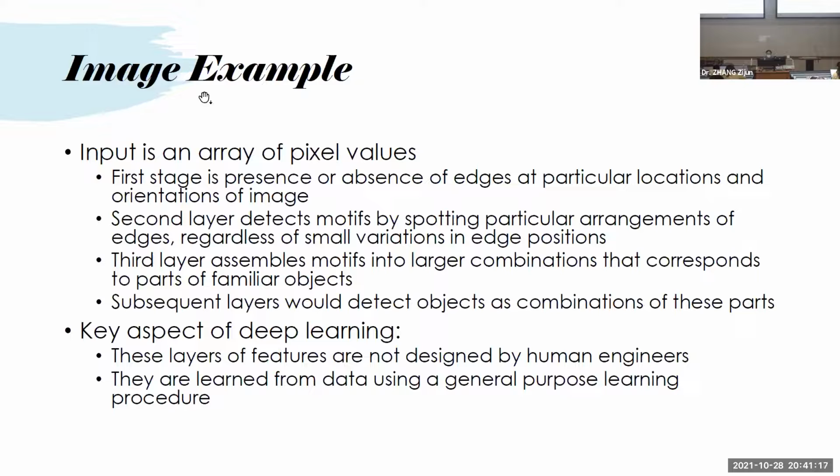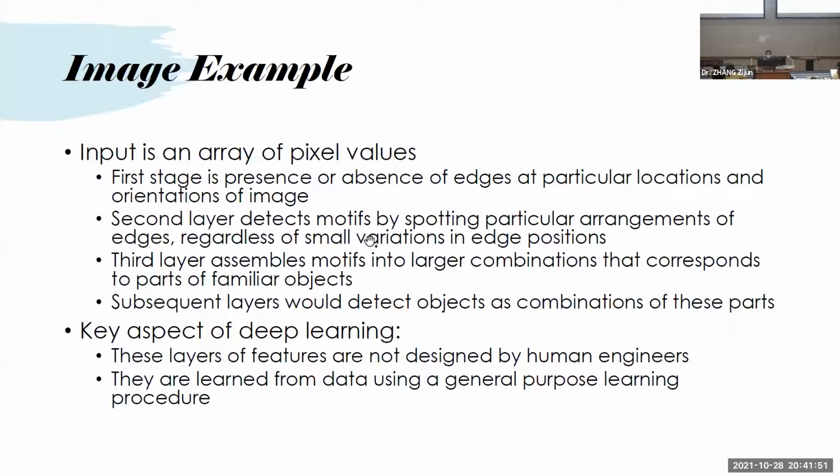Using image as an example, as I have introduced, the input is an array of pixel values. The first stage is the presence or absence of edges at particular locations and orientations of the image. You first take the average of the pixels as a mosaic, then the first stage represents whether each average square presents an edge. And you further take a weighted average of those edges together.